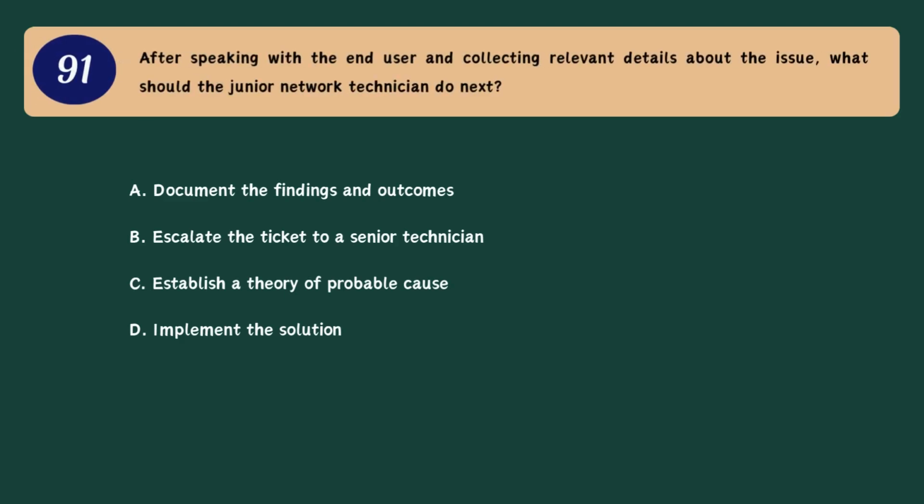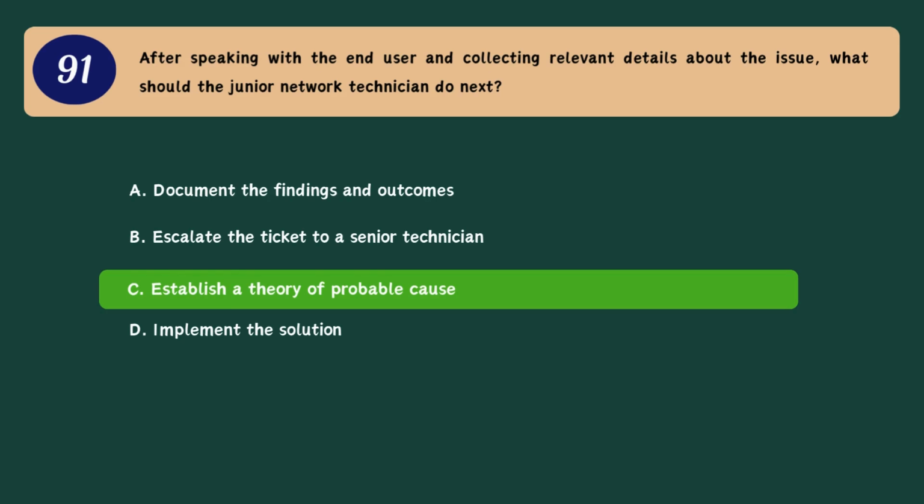Question 91. After speaking with the end user and collecting relevant details about the issue, what should the junior network technician do next? A. Document the findings and outcomes. B. Escalate the ticket to a senior technician. C. Establish a theory of probable cause. D. Implement the solution.